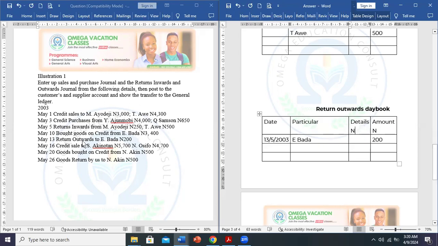Then on the 16th, there was credit sales to S. Akinota and N. Osifo. So that is sales. We go into our sales day book.